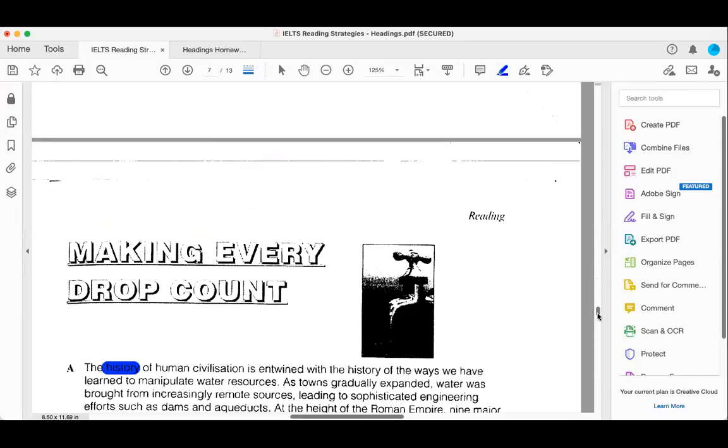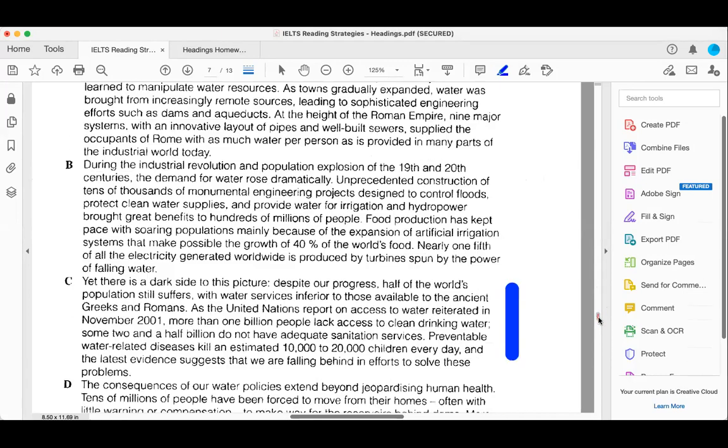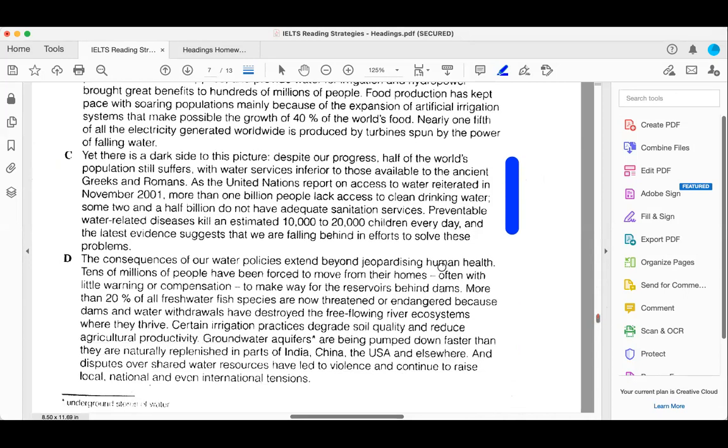So here IELTS on purpose is using health in the first sentence. Now, how many times can you see health in the rest of the body paragraph, or a synonym for health? Read it very quickly just for health or synonyms.